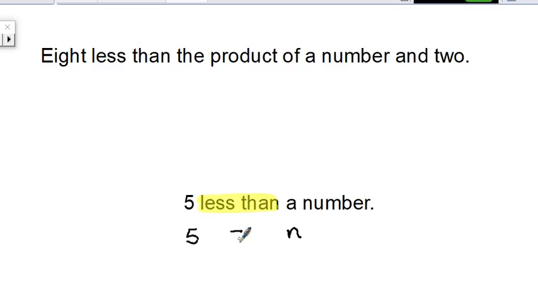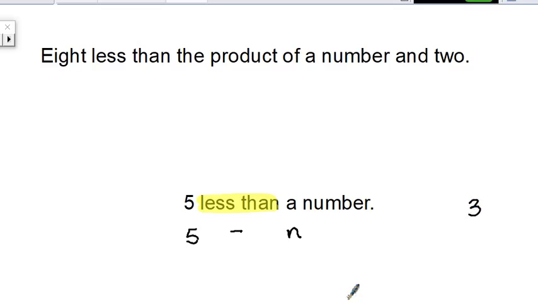Is that correct, though? Well, let's think about it if we actually replaced a number with an actual number. Like, let's replace it with the number 8, for example. So instead of saying 5 less than a number, let's say 5 less than 8. Well, think about it for a second. What is 5 less than 8? Well, if you think about that for a moment, you'd come to the conclusion that 5 less than 8 is 3.